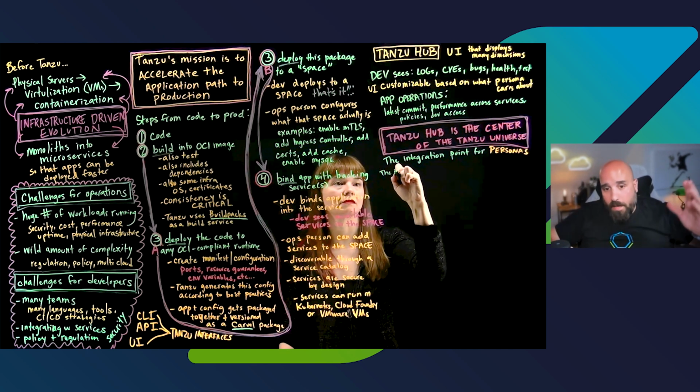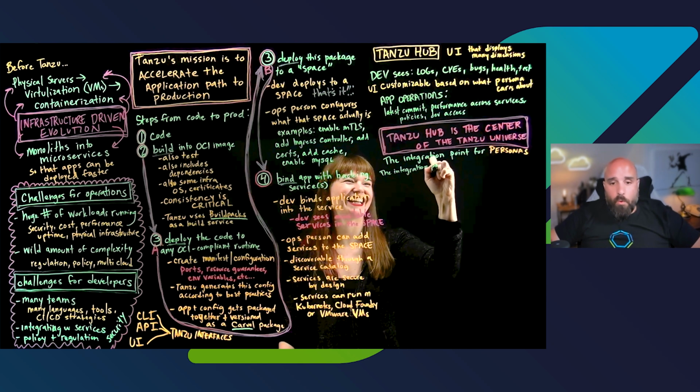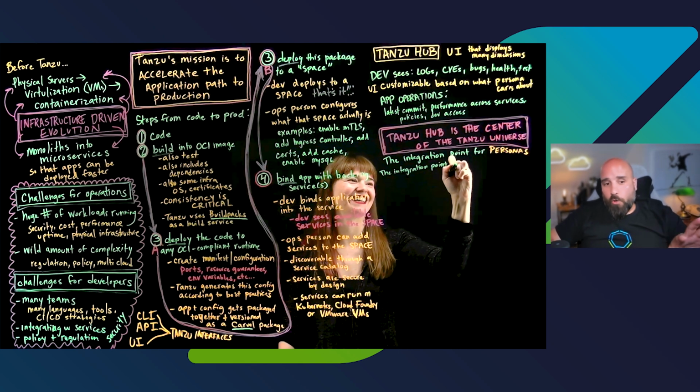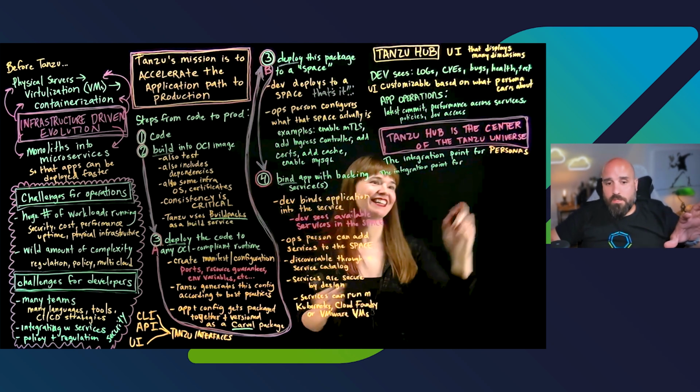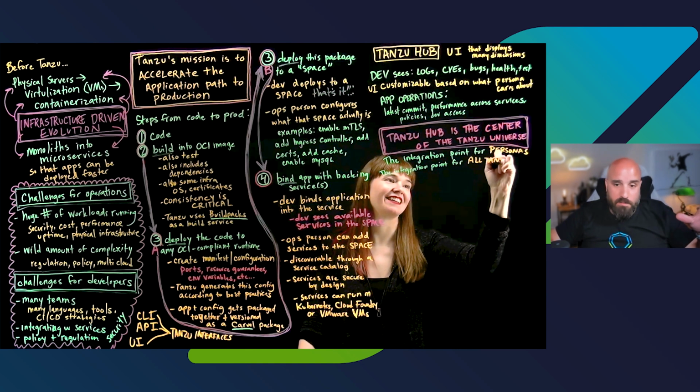So again, we've just started the conversation about Tanzu. We took the first four pillars of the strategy, which is build, bind, deploy, and update, right?